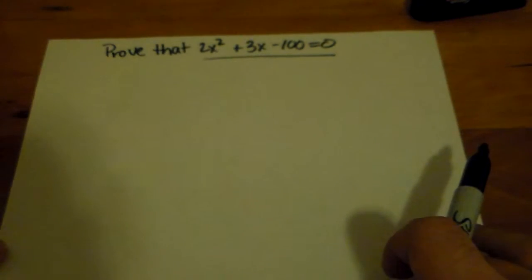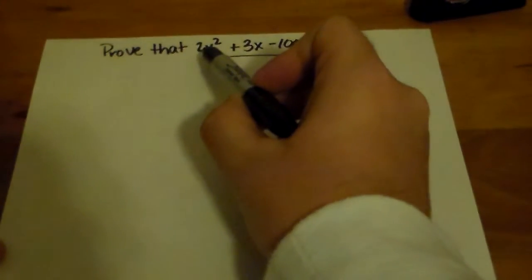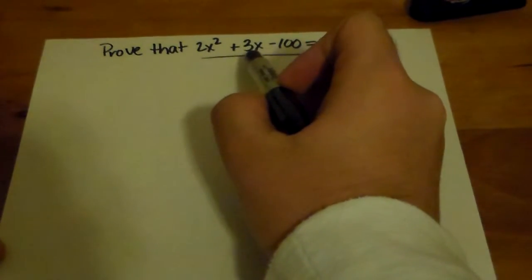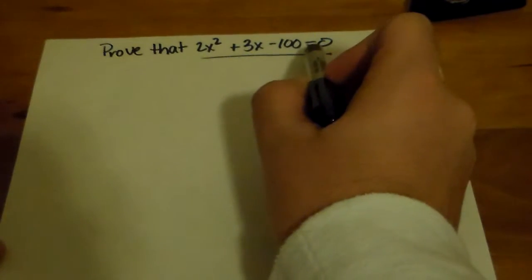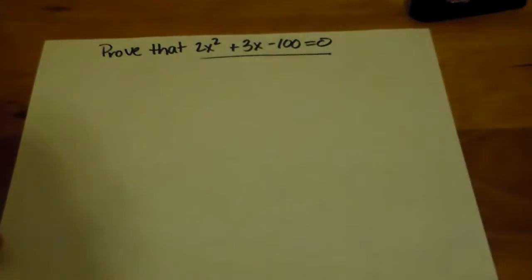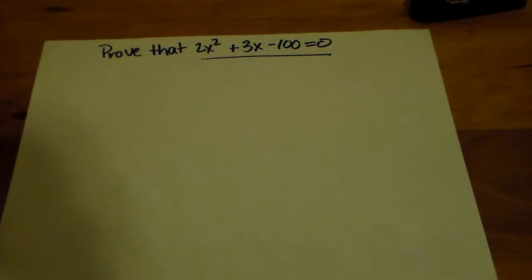The question is, prove that 2x squared plus 3x minus 100 equals 0. Basically, we need to find the x's in this equation. First off, we need to figure out what this form is called.